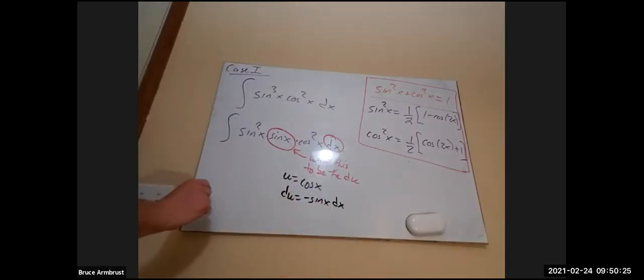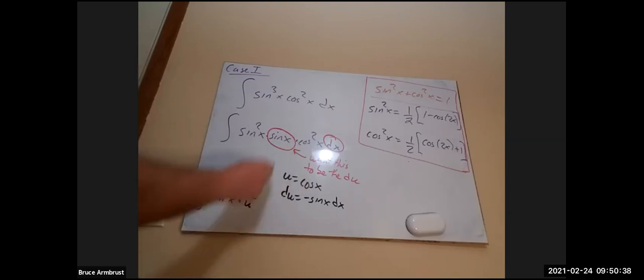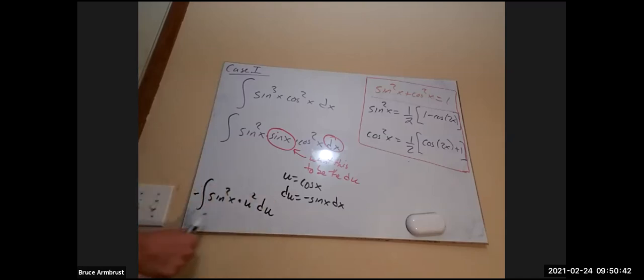So if I start replacing, I'm going to have a sine squared. I'll have to worry about that in a second. I've got a cosine squared, u squared, and then the sine x dx becomes a minus du.